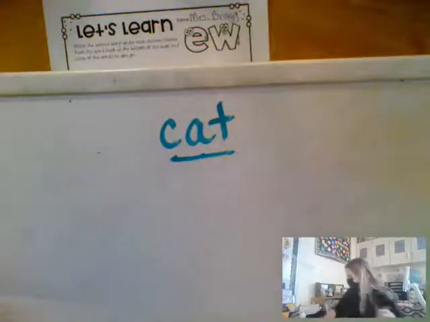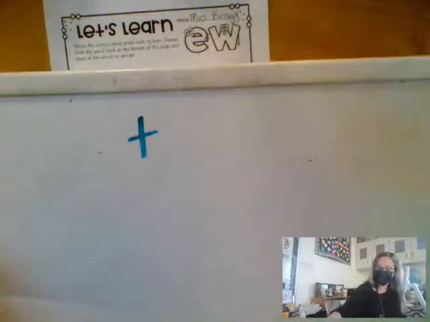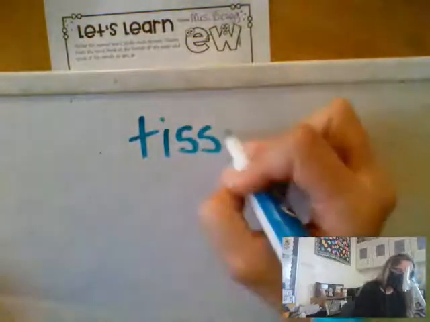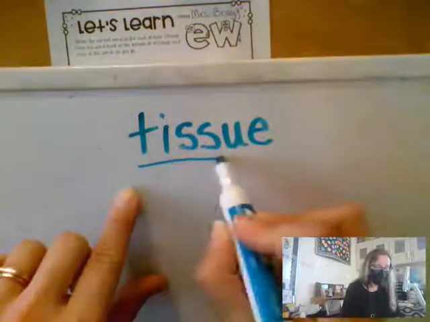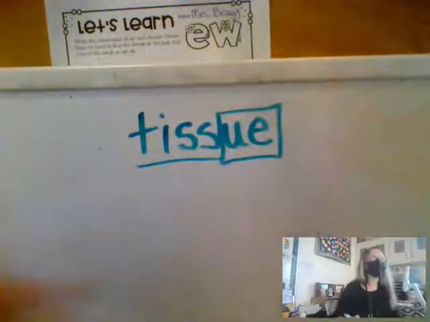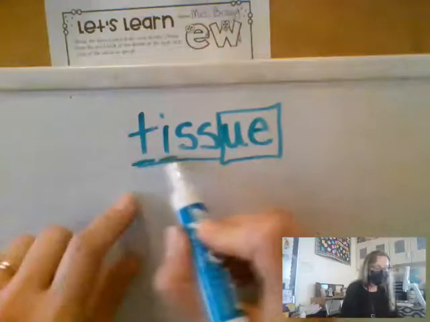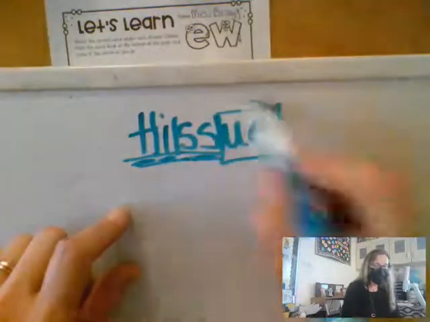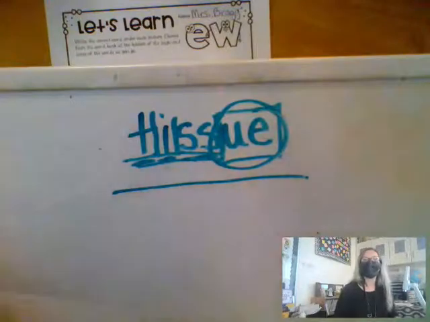So for example, the word tissue, T-I-S-S-U-E, okay? We have tish, and then we have this oo. So when we sound it out, we know t, I, and then u, tissue, okay? So this word is tissue.